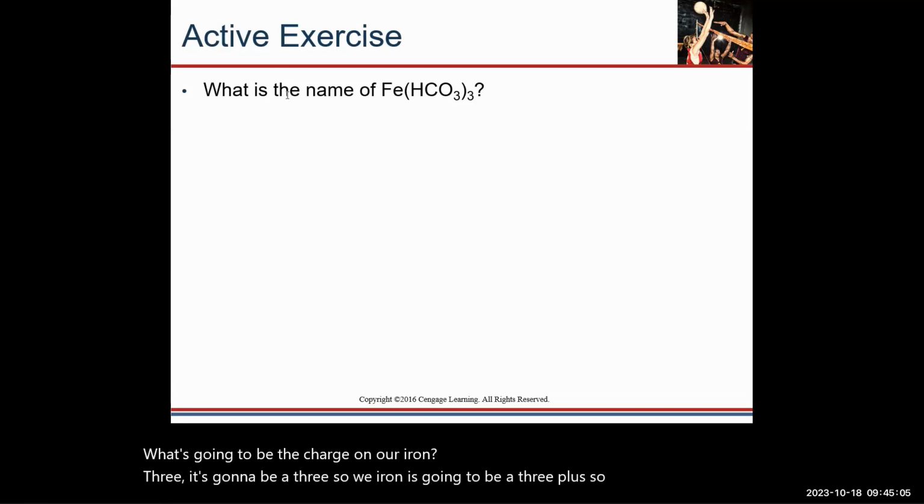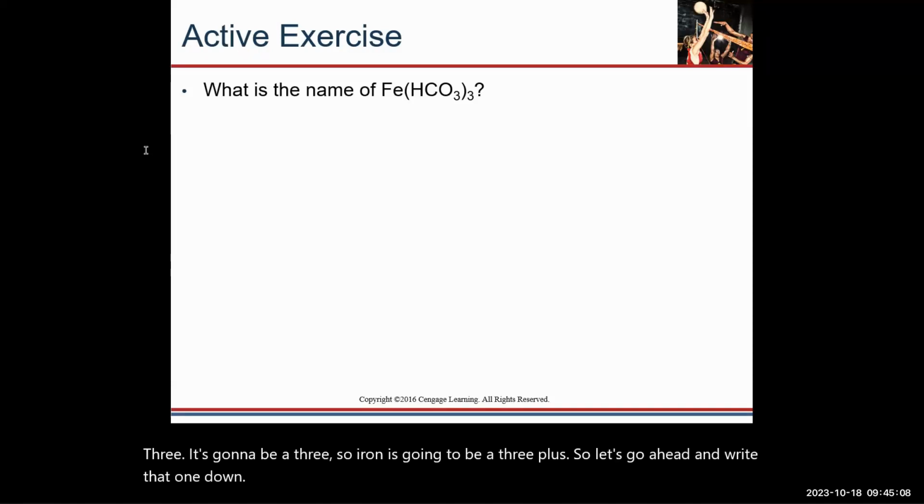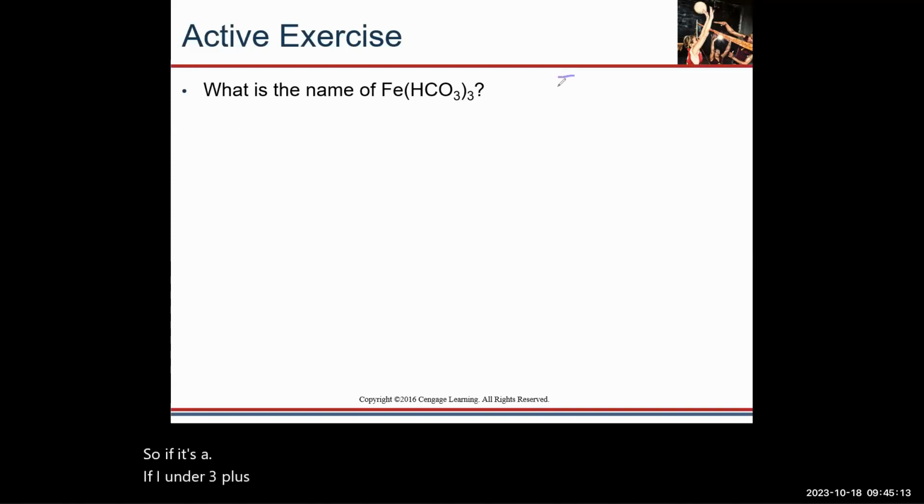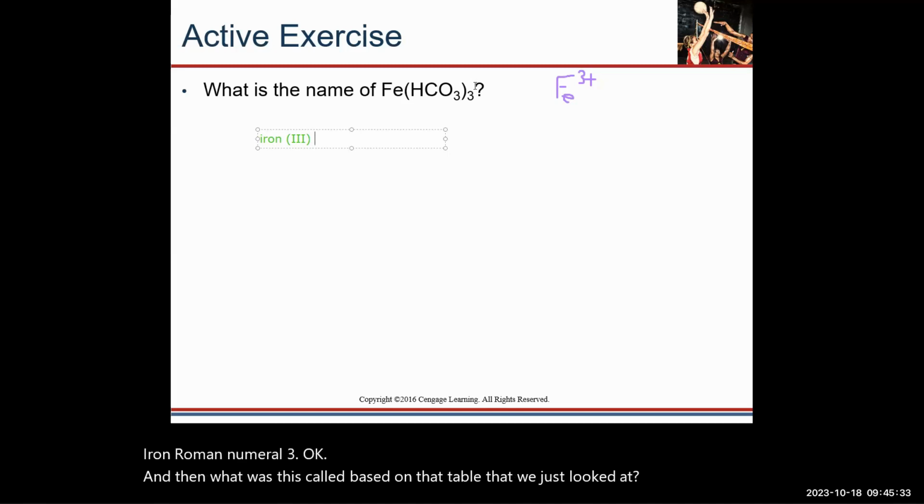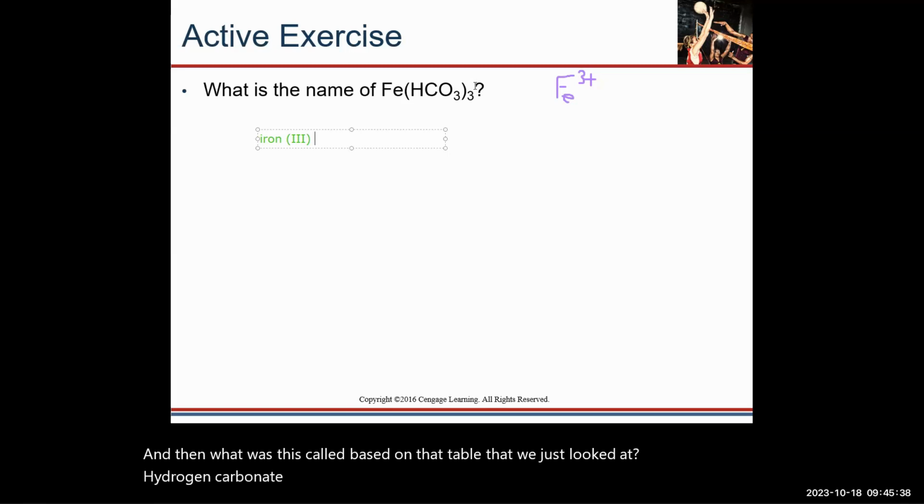So let's go ahead and write that one down. If iron is 3 plus, then what would we name that ion? Iron Roman numeral 3. Okay. And then what was this called based on that table that we just looked at? Hydrogen carbonate. Okay. And that's it.